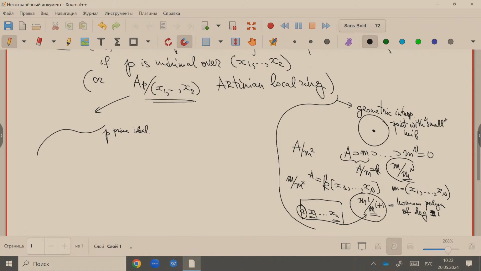So geometrically, what does the inclusion of this set mean? It means that you have a rather complicated variety, and you start cutting it out by equations, a collection of equations.